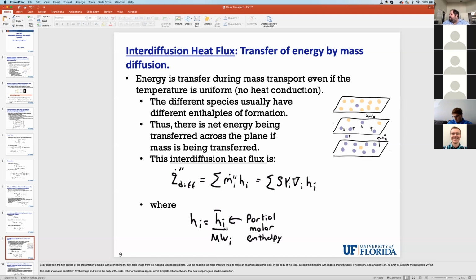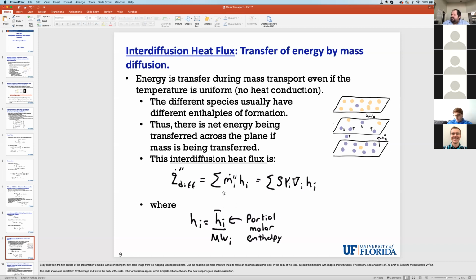The reason I had you do that problem is that every now and again I come across a paper doing supercritical combustion, and they use, say, the Peng-Robinson equation of state. For the interdiffusion heat flux, they just use the ideal gas term, and they do not properly use the partial molar enthalpy.